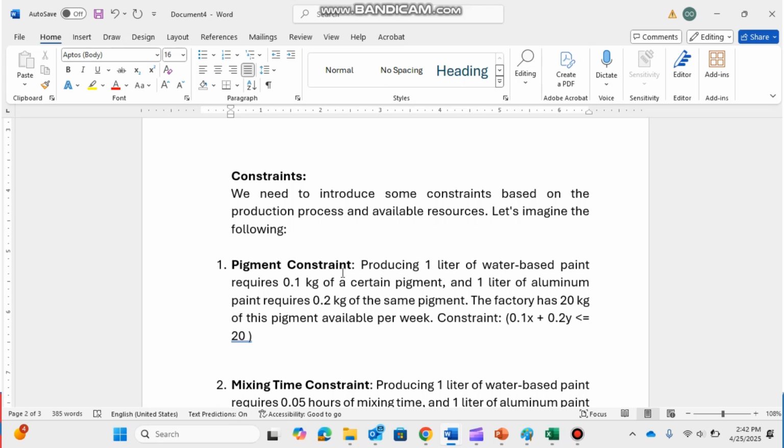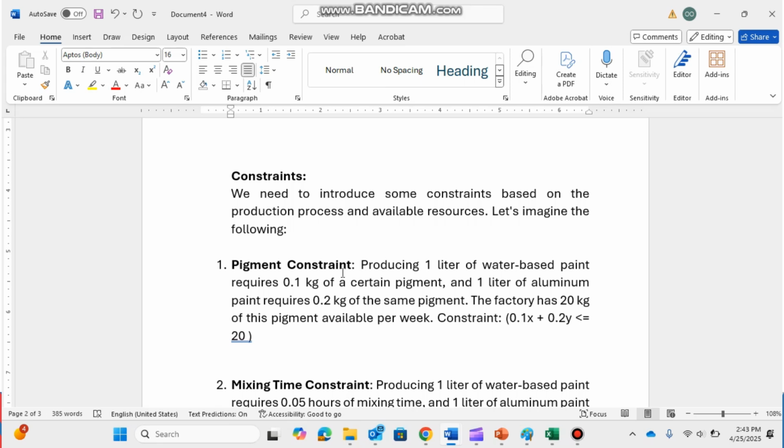So the factory has 20 kilogram of pigment available per week. So this simply implies that the constraint inequality is given as 0.1x, which is the coefficient of x, 0.1, plus 0.2y is less than or equal to 20.